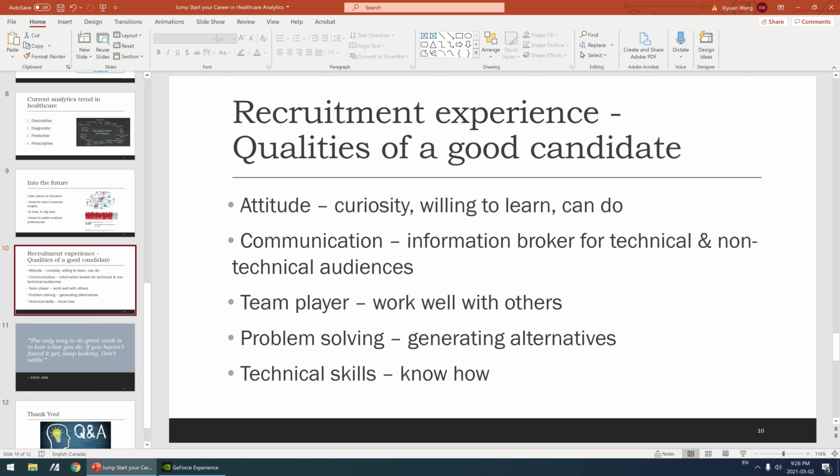And the second piece that is very important is communication, the soft skills. I really rank the soft skills way more than the technical skills, because it's about having the ability to become, I would say, the knowledge broker or information broker between technical and non-technical audiences.